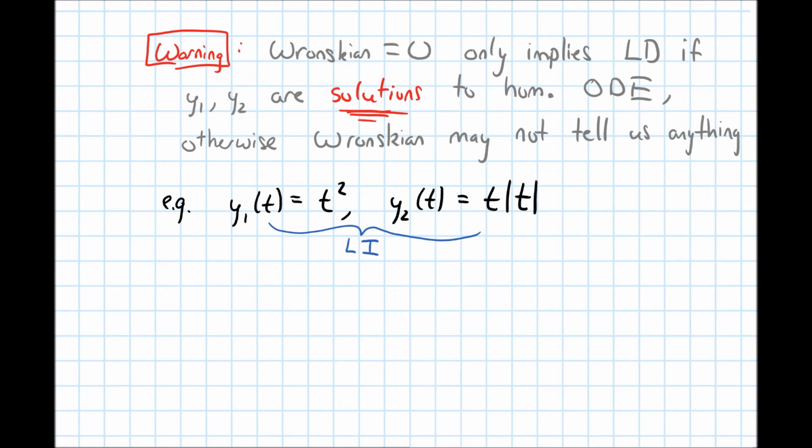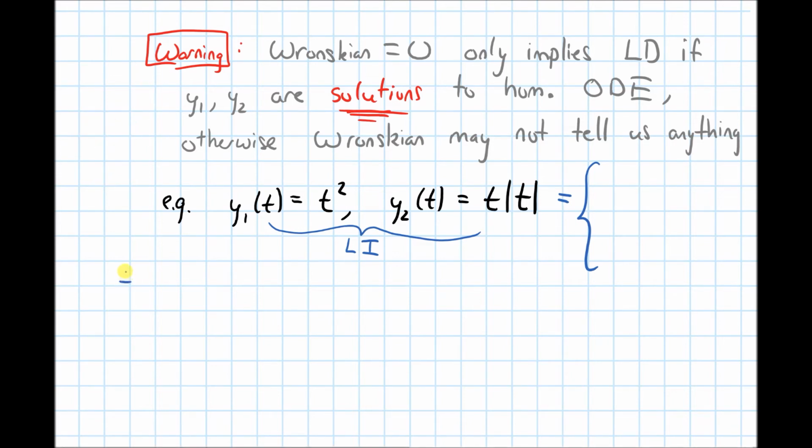But now let's figure out what the Wronskian is. So for this absolute value term, let's write this as a piecewise function. Recall that the absolute value of t can be written as a piecewise function.